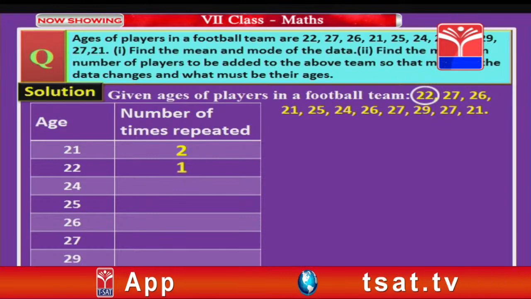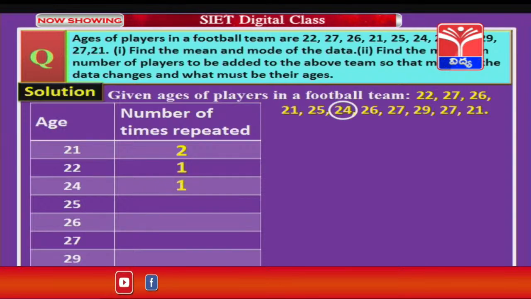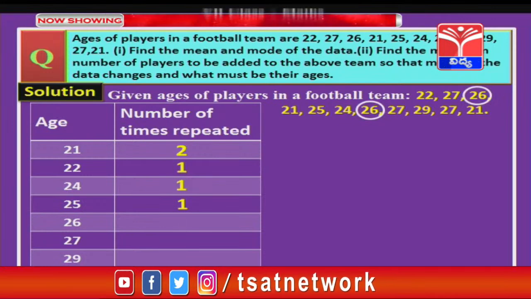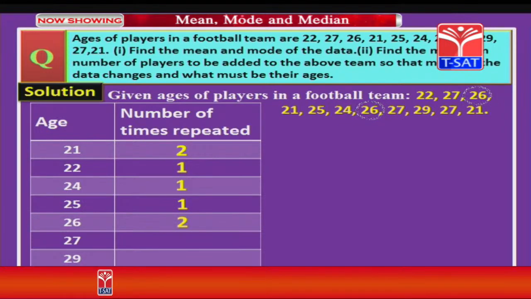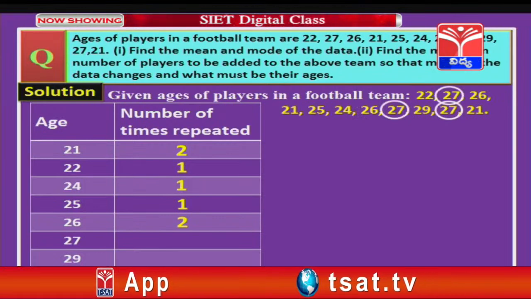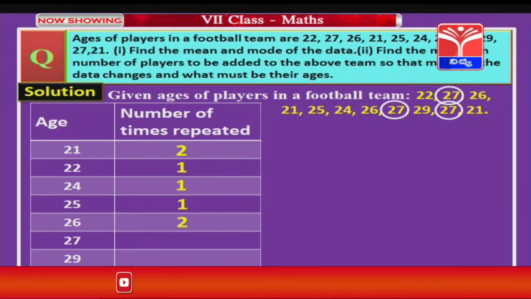Then what about 24, children? Yes, that is also 1 time. Next we move on to age 25. That is also repeated once. 26 years, it is repeated twice. So, we write 2 against 26 years. And what about 27, children? Yes, repeated 3 times. You can see the highlighted parts there.